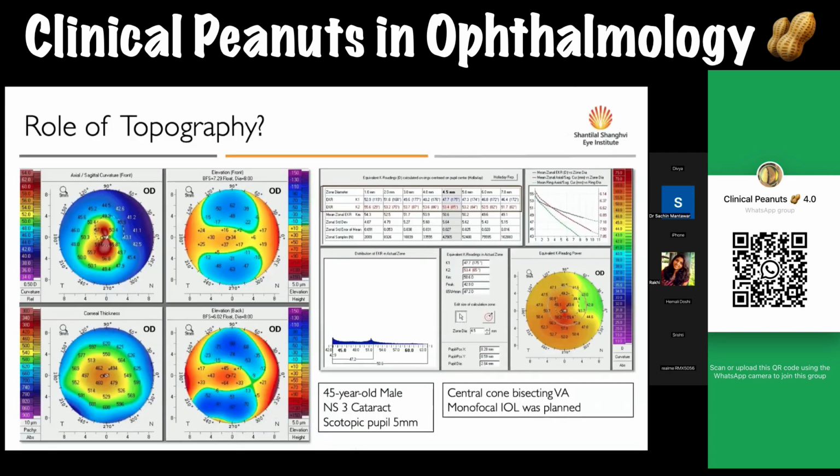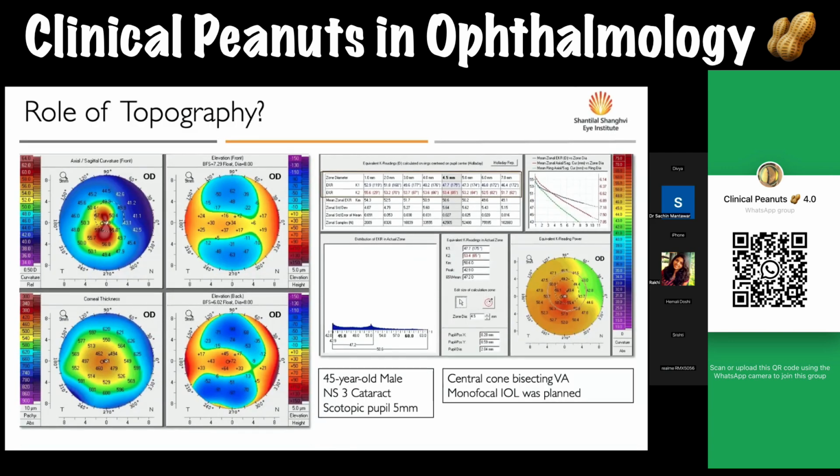So, after all of this biometry, is there any role of topography? There's definitely a role of topography, because it helps you first know whether your astigmatism is regular or irregular. Regular astigmatism is very easy to correct with toric lenses, but irregular astigmatism becomes a little more challenging, especially in cases like this, where this is a Pentacam report, which gives you this interesting chart, which is the EKR readings.